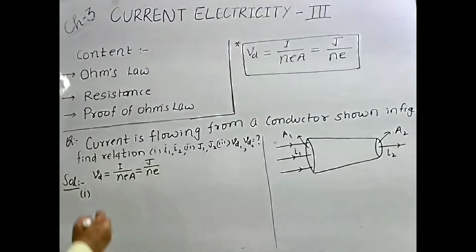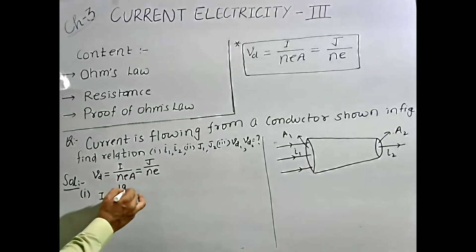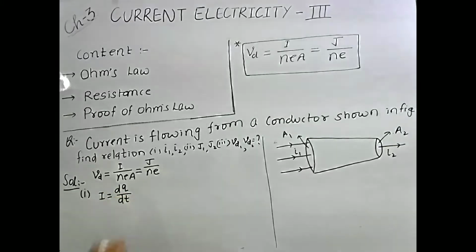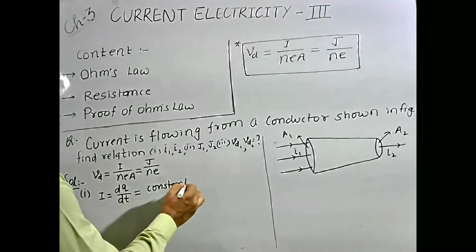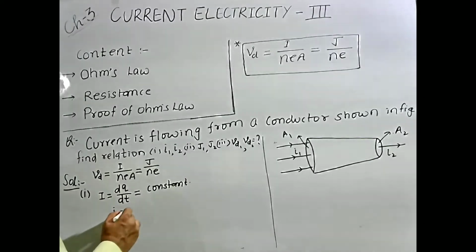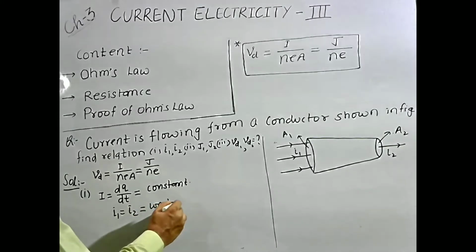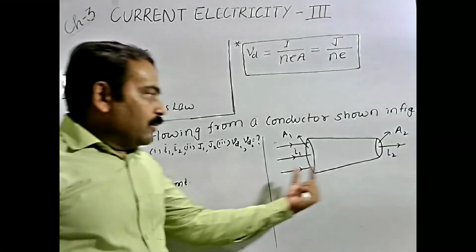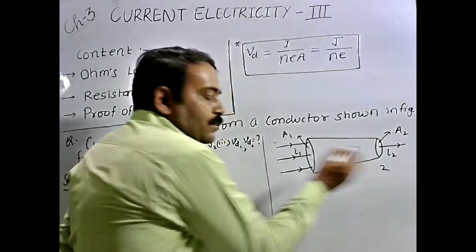As we know that the definition of current I is given by the rate of flow of electric charge dq by dt, and this does not depend on area, so it will be constant and therefore I1 will be equal to I2 and this will remain constant. Understand? Means same current flows through the two cross sections 1 and 2. Clear?